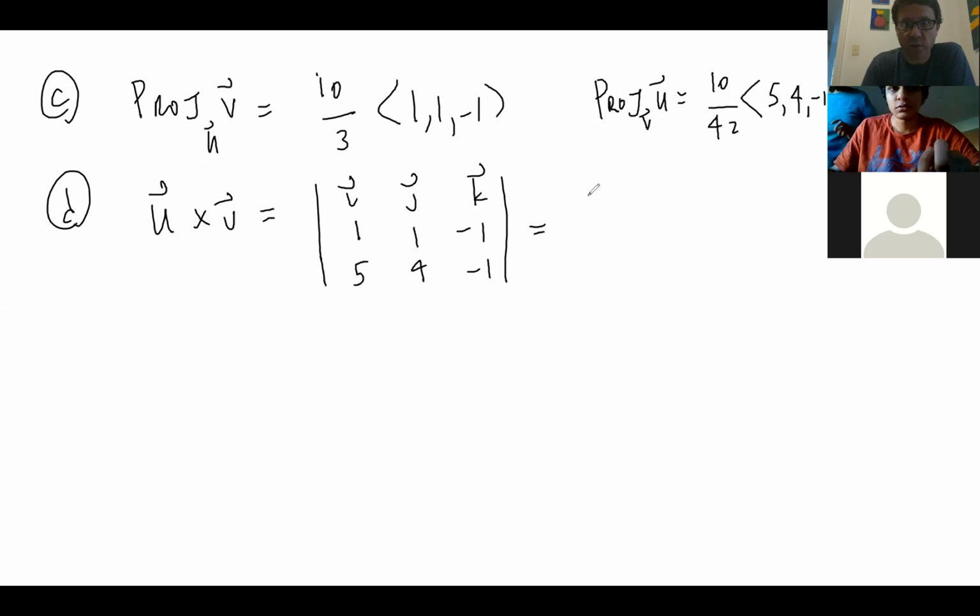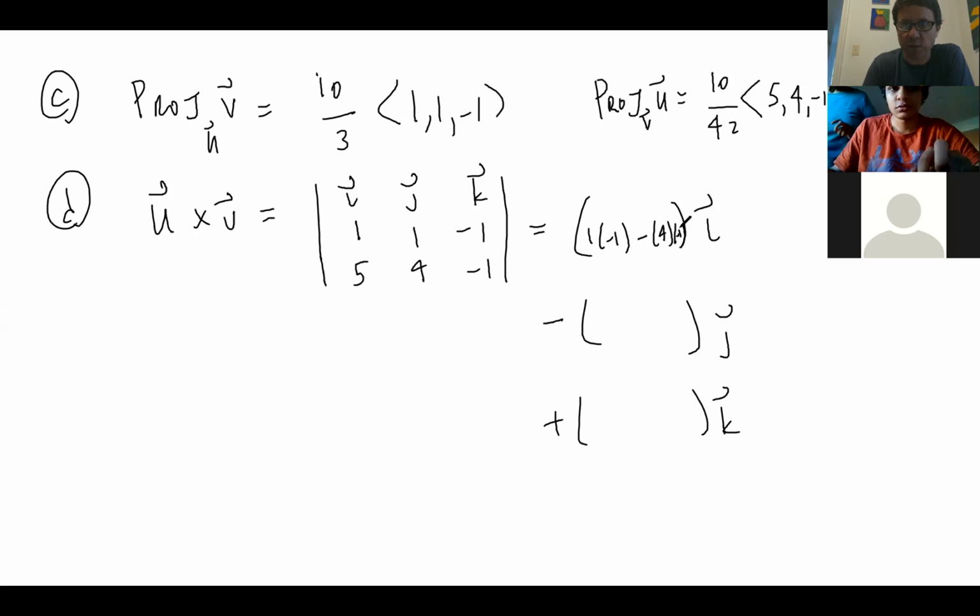If you wanted to be careful on this, then it's going to be I, J, and K. The J has a negative, the K has a positive. For I, it's going to be the lower determinant here. So 1 times -1 minus 4 times -1.